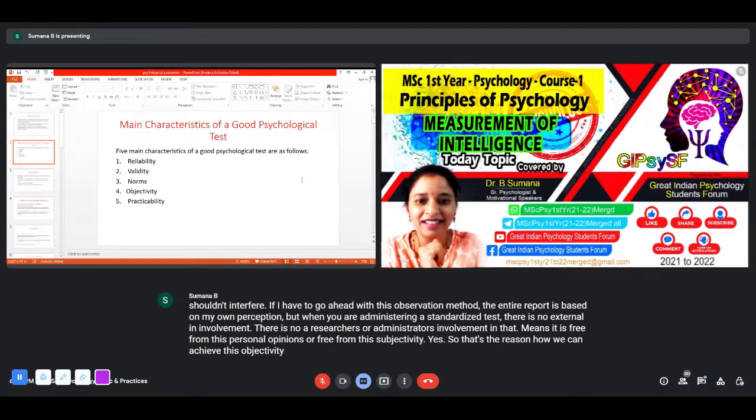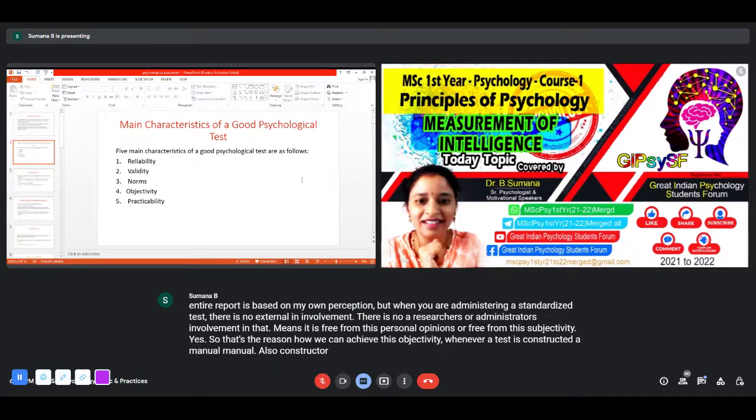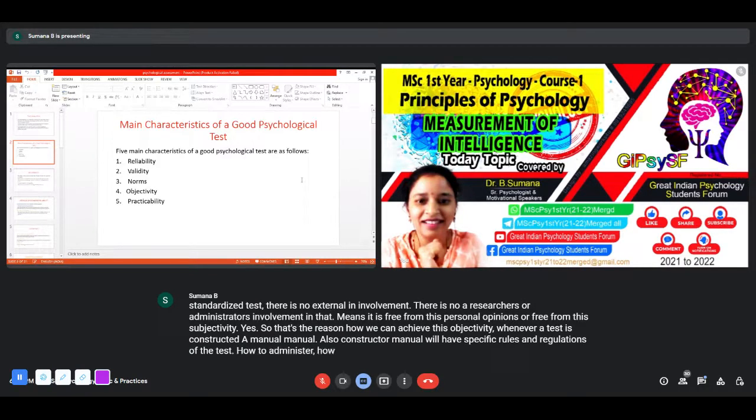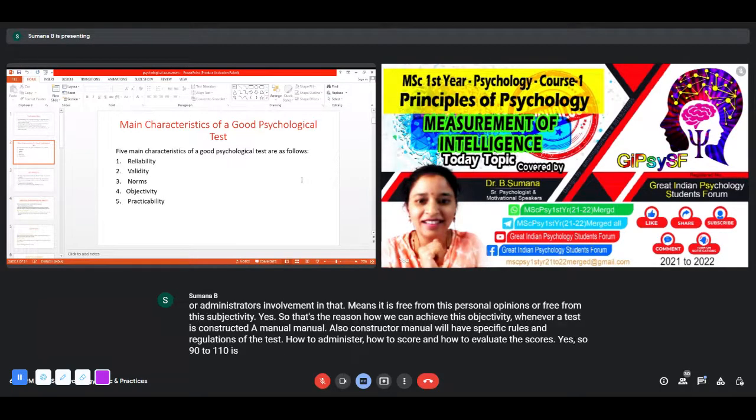Whenever a test is constructed, a manual is also constructed. The manual has specific rules and regulations for that test: how to administer, how to score, and how to evaluate the scores. So 90 to 110 is a universal norm.